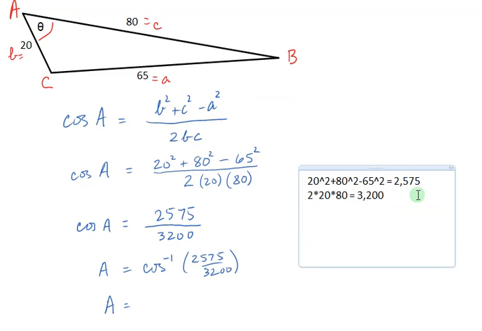Notice that in OneNote, the inverse cosine function is programmed as ACOS, so ACOS or ARC-COS. So ARC-COS of 2575 divided by 3200, spacebar equals spacebar, I get approximately 36.4 degrees.